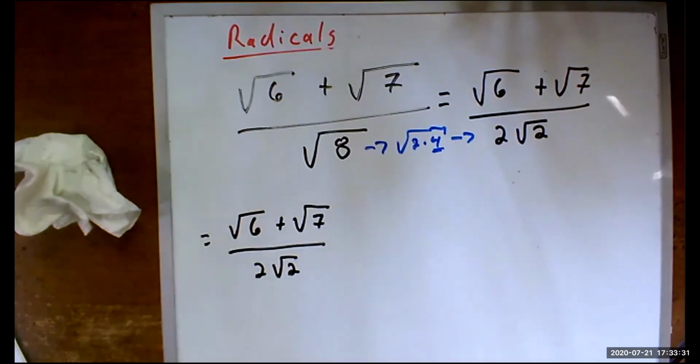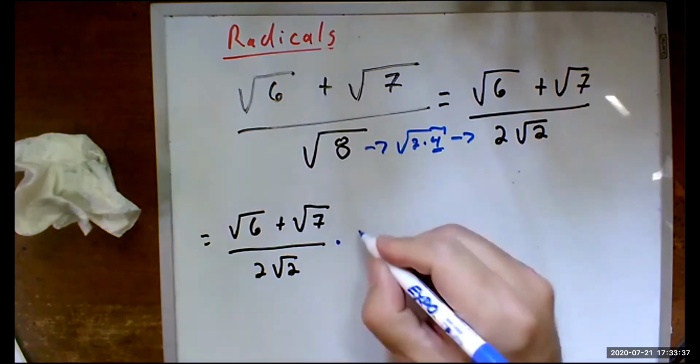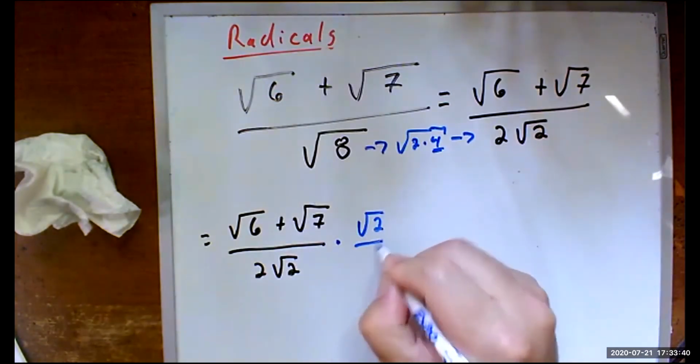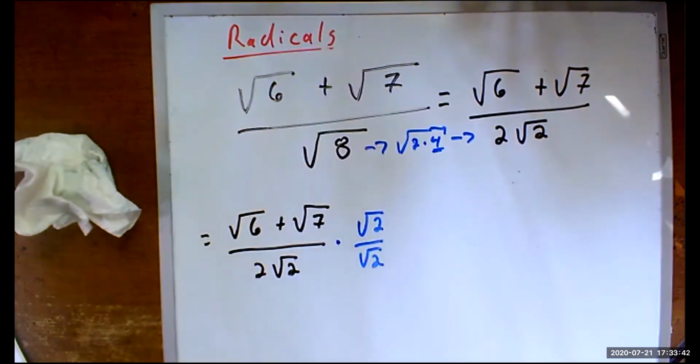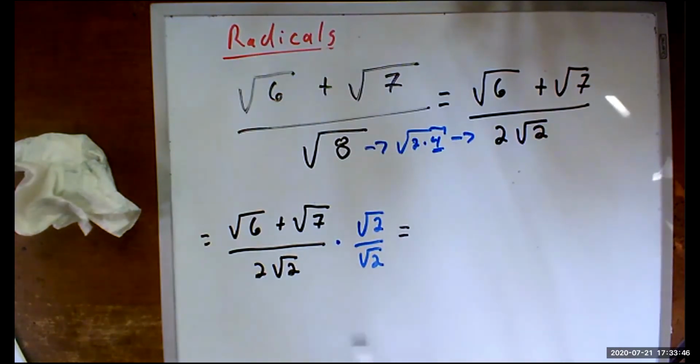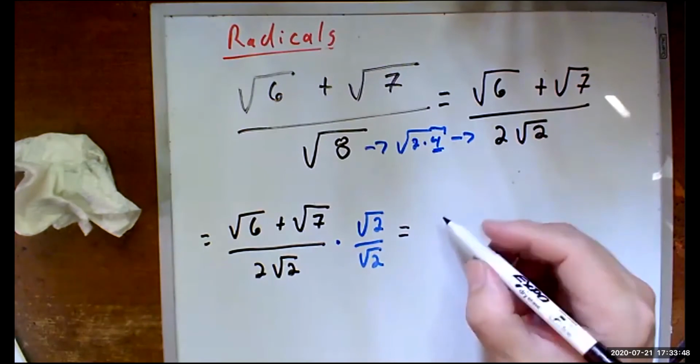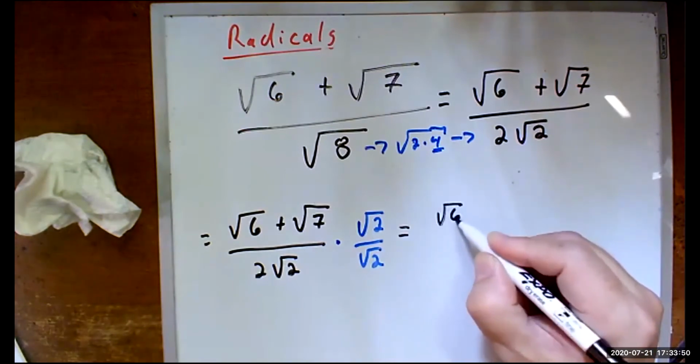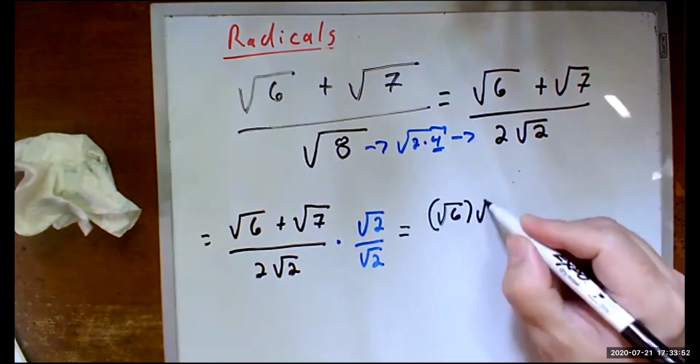So now I can take my root 6 plus root 7 over 2 square root 2, and I go, oh, I have a radical on the denominator. I'm not allowed to do that. So this is going to multiply by square root of 2, top and bottom.